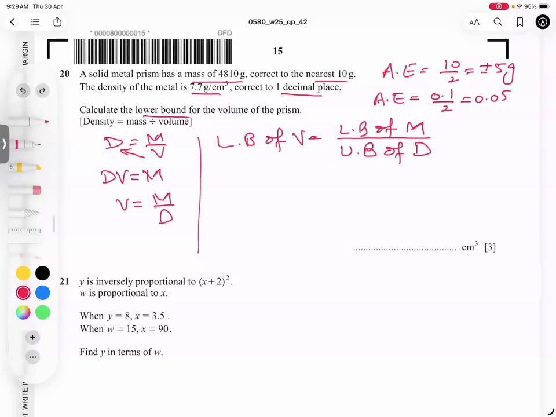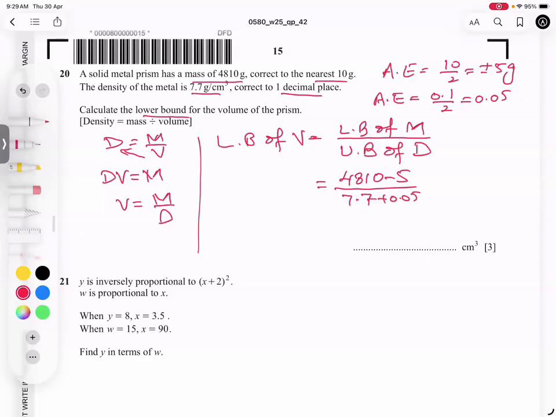So lower bound of the mass is what? This is subtracted from here. So 4810 minus 5, and upper bound of density means 7.7 plus this, 7.7 plus 0.05. So this is the way to get the answer.